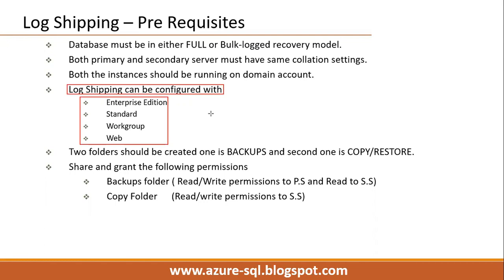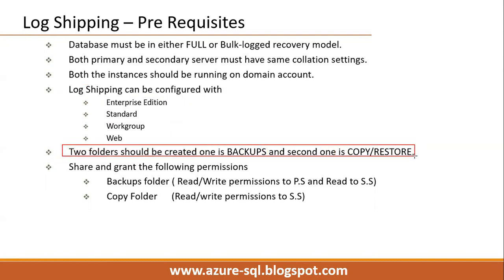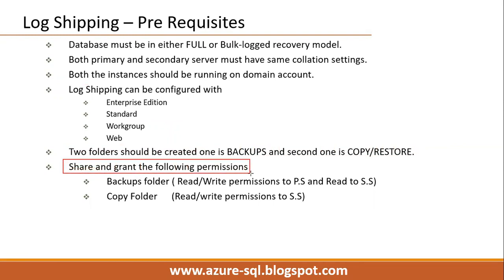Next, two folders should be created: one for backups and a second one for copy and restore. Share them and grant permissions. On the backup folder we grant read write to primary and read to secondary.